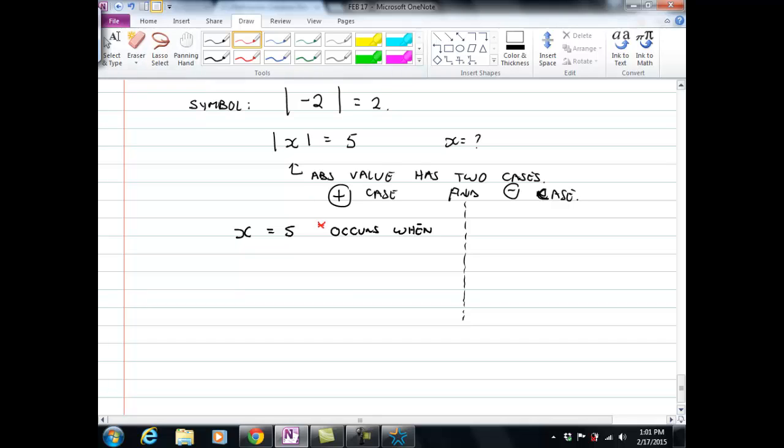If you can do this, you should be fine for absolute value. It occurs when the stuff inside the absolute value is greater than 0. Because x is the only thing inside the absolute value, it occurs when x is greater than 0.